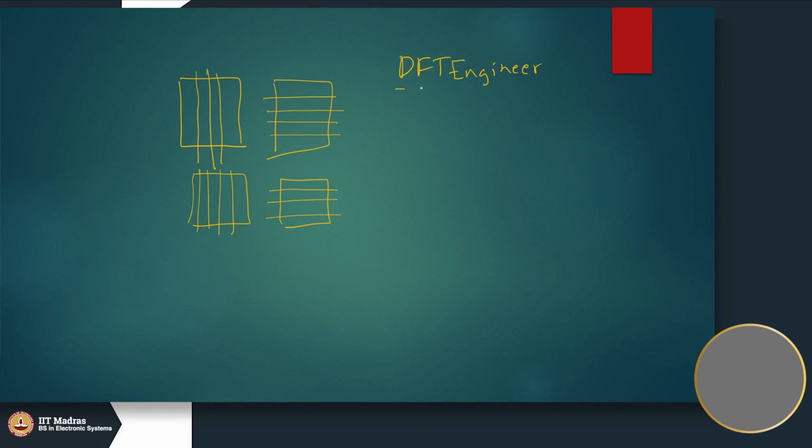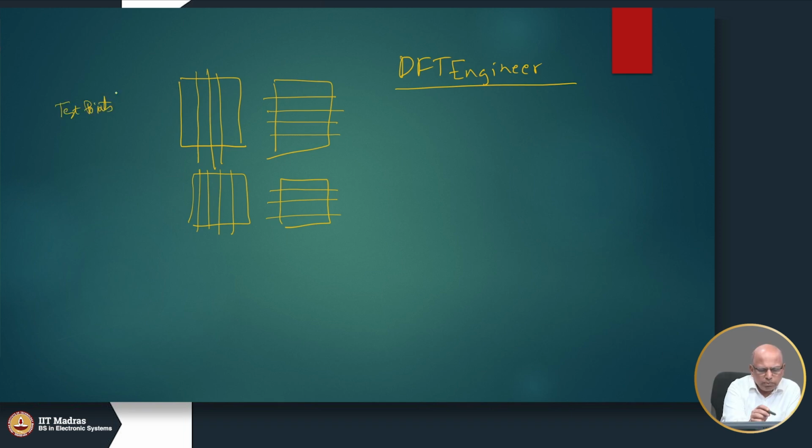So, he is a DFT engineer. DFT, as I mentioned to you, means design for test. We have so far seen the word DFT in two contexts. One where I mentioned that you can insert test points.